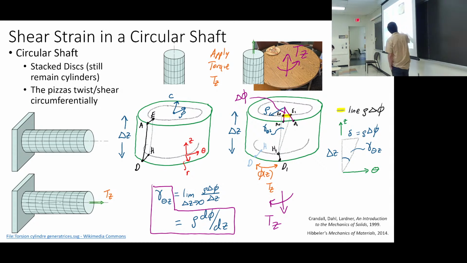This triangle is carving out what's happening between H1, E naught, and E1. And it has some delta Z. The other side is rho delta phi. And voila, we have another angle, not the delta phi, but another angle that we call gamma, and that's the shear strain.